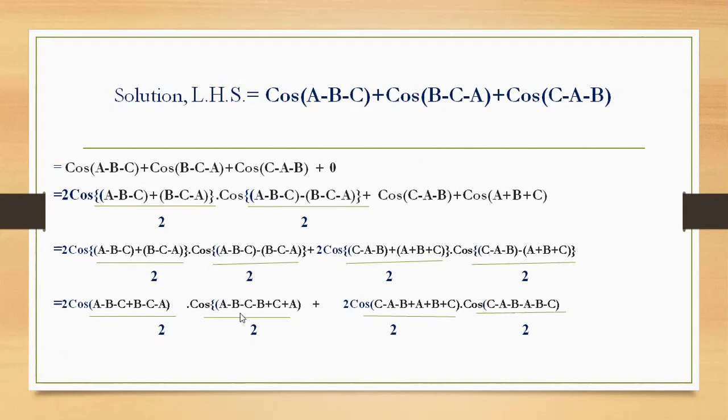Similarly here, minus b and minus b are added, minus c and plus c cancel, and plus a and plus a are added. Similarly here also, remove the bracket and simplify.